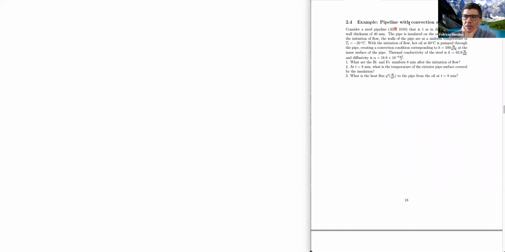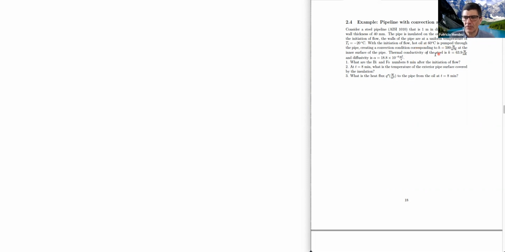This is from the book. It says a pipeline made out of steel is 1 meter in diameter, has a wall thickness of 4 centimeters, is insulated on the outside, and is all at the same temperature, here minus 20 C. Then it has a flow of hot oil at 60 degrees C, with a convection coefficient inside the pipe of 500 watts per meter square Kelvin.